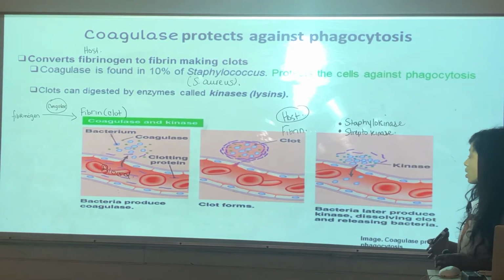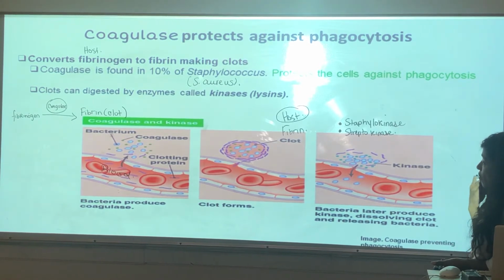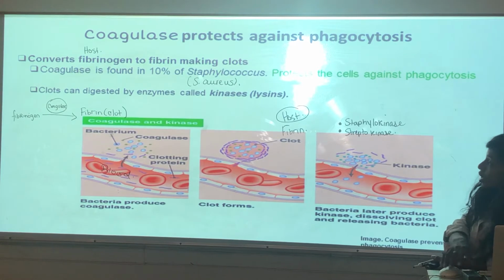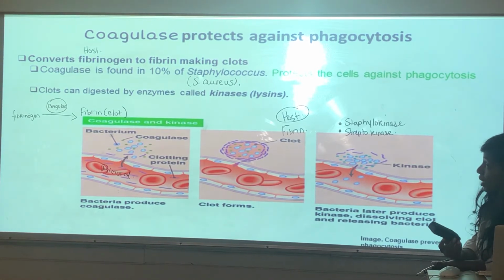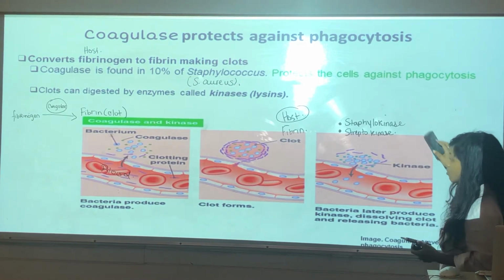So these organisms can dissolve the blood clots and release themselves to other areas. Some organisms can make and break blood clots, others can only break them, but this is all part of the bacteria's mechanism to survive inside of their host.